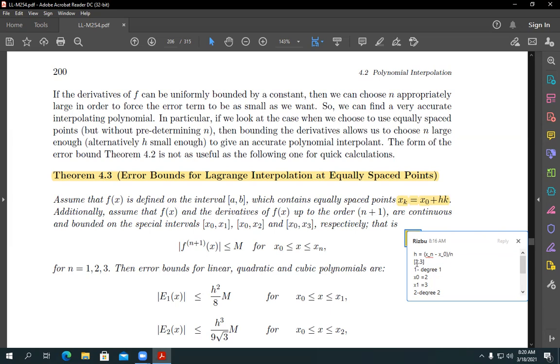For example, for this interval 2 and 3, and we need degree 1, degree 1 means n is 1. So you have x1 minus x0 divided by 1, which is 1. So you have the straightforward one. For degree 2, we need 3 points.